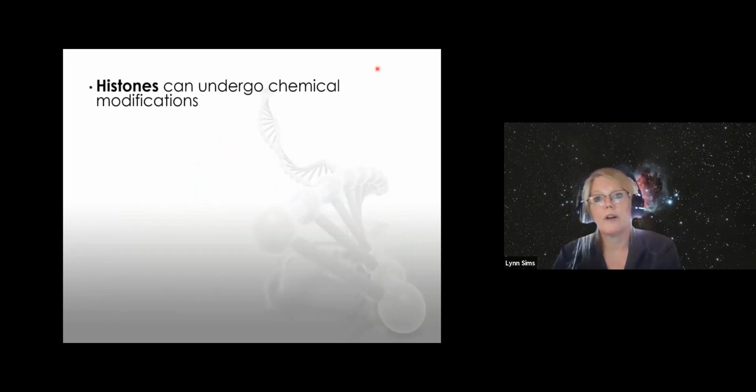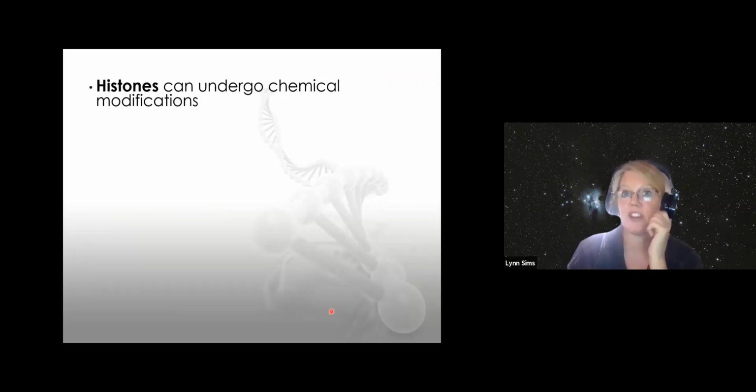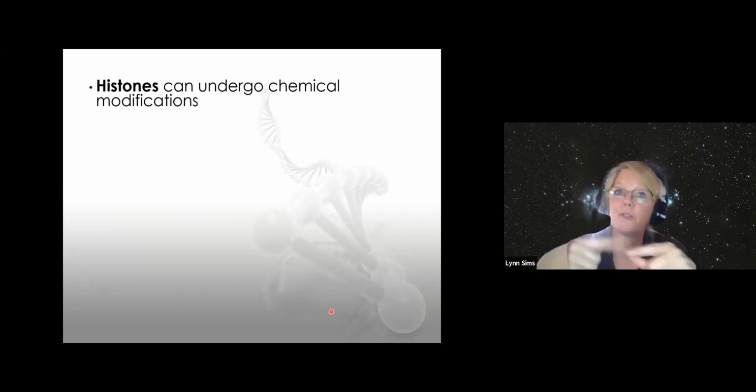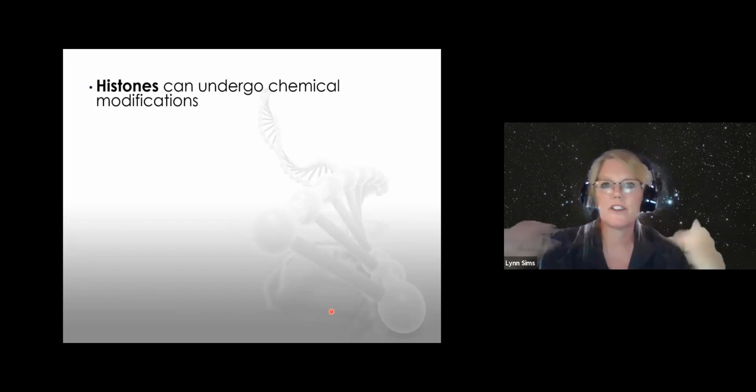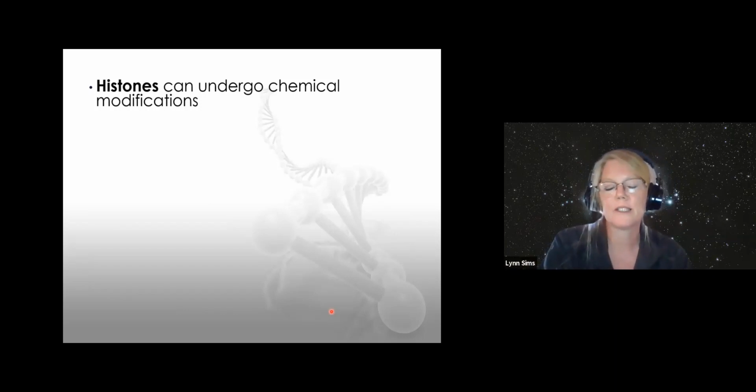Now, this is leading us into rearrangement of chromosomes and into the next chapter, which is gene expression. Histones, remember, are the proteins that the DNA is wrapped around, creating those nucleosomes, and this allows them to be tightly compacted.